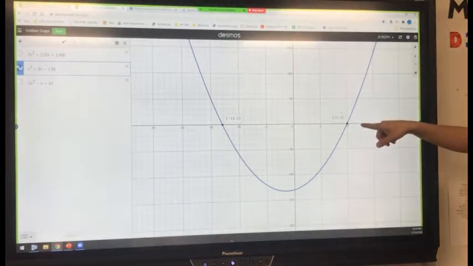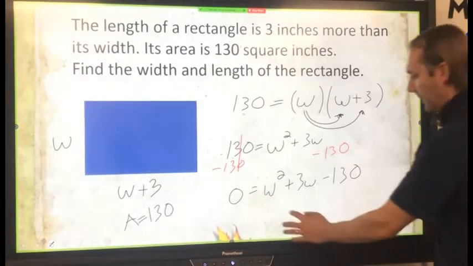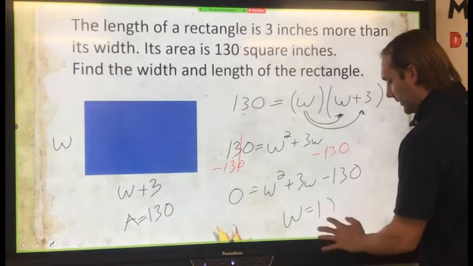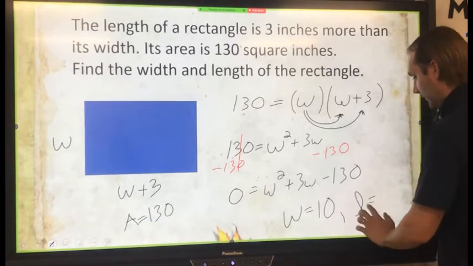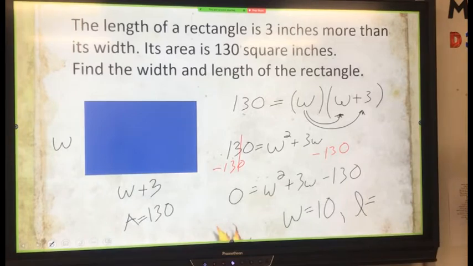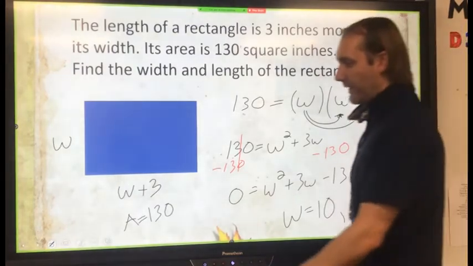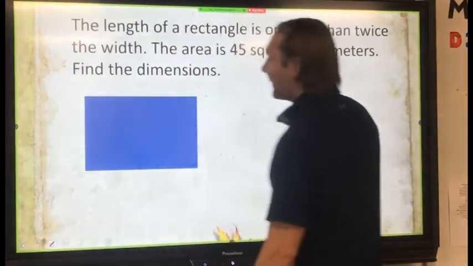The only one I'm going to accept is a 10. So W equals 10. And if W equals 10, what does the length equal? 13. So my width is 10, my length is 13, and it gives me an area of 130 square inches. Not so bad, right? Should be a little bit easier than the Pythagorean theorem Friday.